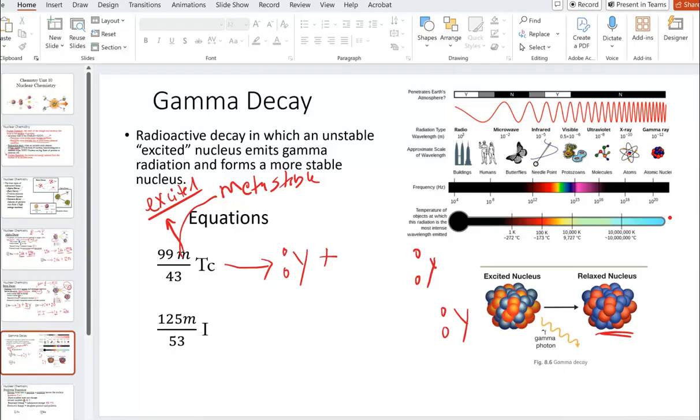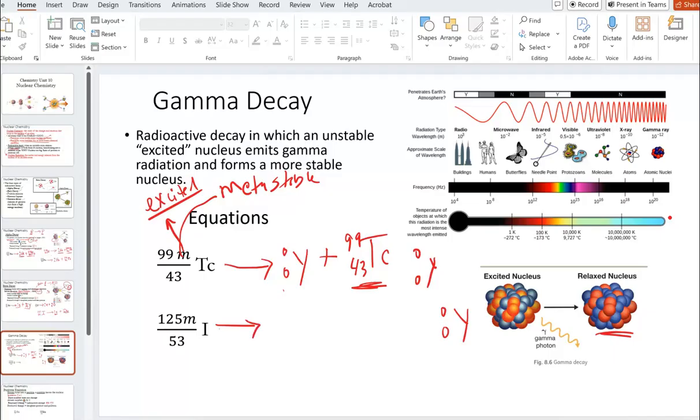So there's no changes in matter going on here. So our new stable isotope is technetium-99, atomic number 43. The only thing that changes from the reactant to the product is the M goes away, because the gamma radiation leaves the nucleus and produces a normal or more stable isotope.